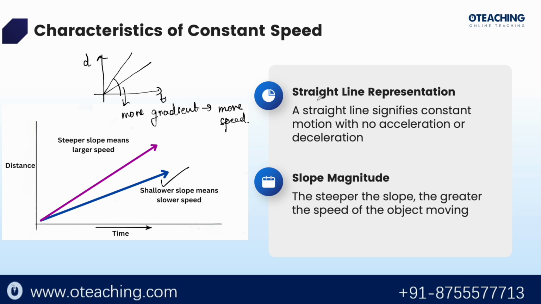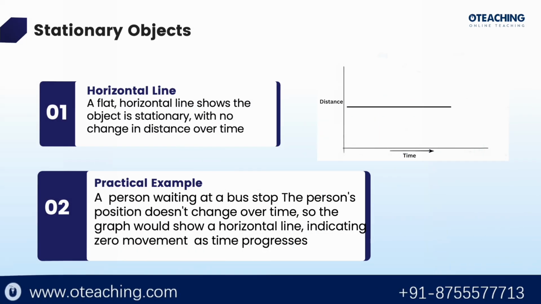So do understand that a straight line means this motion is a constant motion. Constant motion means uniform motion, correct, where there is no acceleration or deceleration. Okay, and when you talk about the slope magnitude, the steeper the slope (here, by slope I am referring to gradient), the greater is the speed of the object moving, correct.